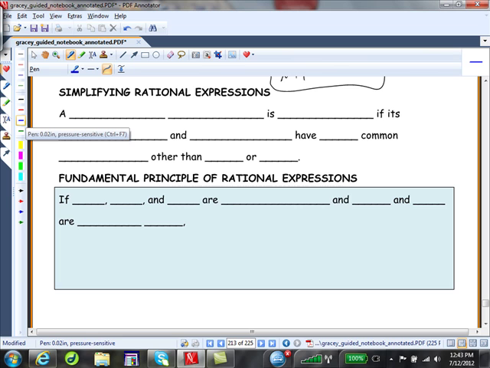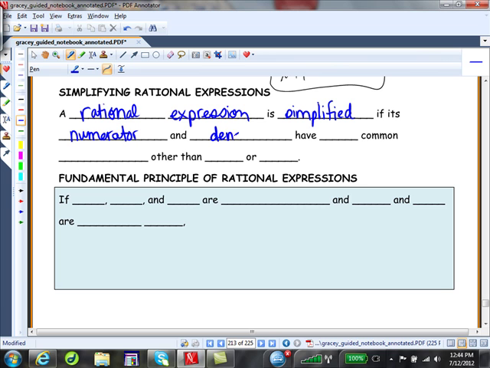So a rational expression is simplified if its numerator and denominator have no common factors other than 1 or negative 1.